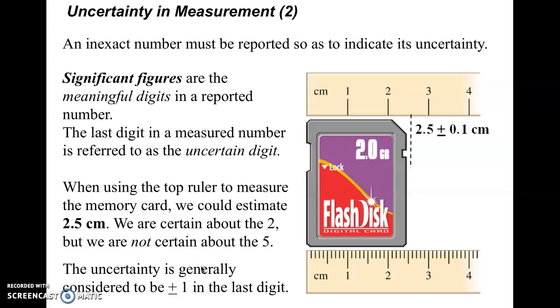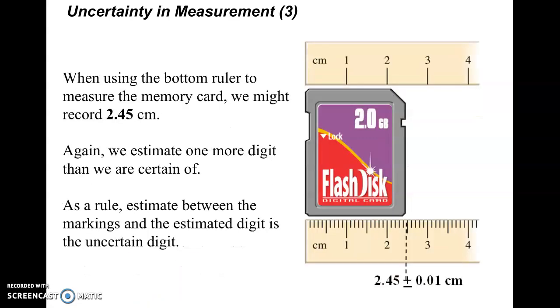So you say, well, it's 2.5 centimeters, but it's plus or minus 0.1 centimeters, plus or minus one of that last division you're guessing. And we get to guess because we're human beings who are considered intelligent beings, and therefore our guesses are worthwhile.